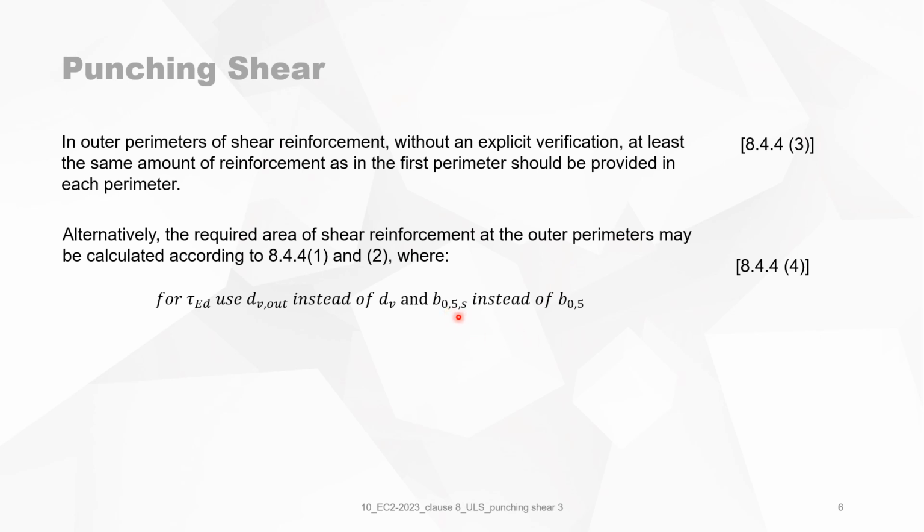S means, I'm not 100% sure, but it's most likely, for instance, the first control perimeter after b0.5, which is in fact the control perimeter b1.0. So it's at 1 dv distance. So the s is for different reinforcement perimeters. dv,out is a new concept, and you will see it right now.